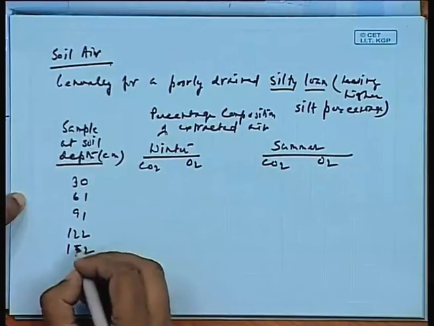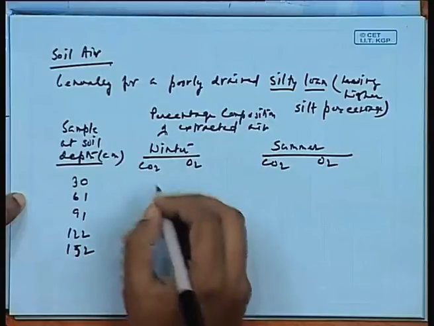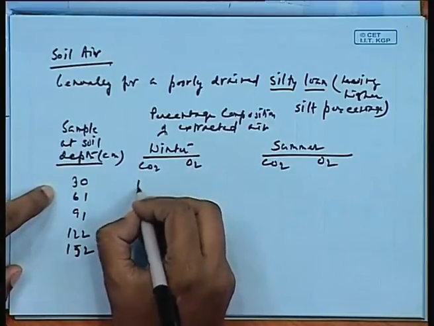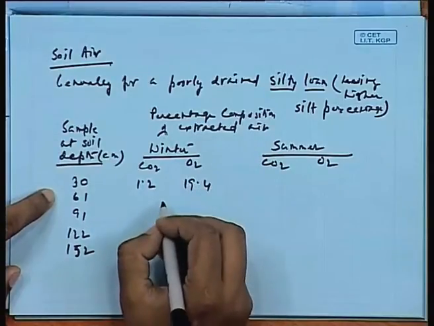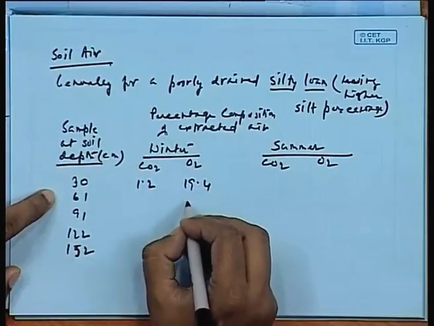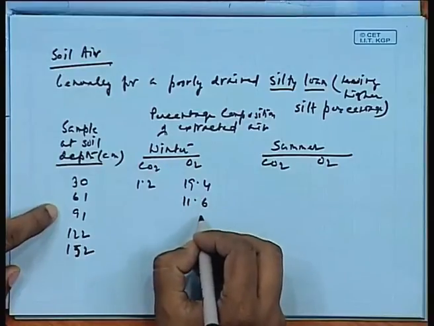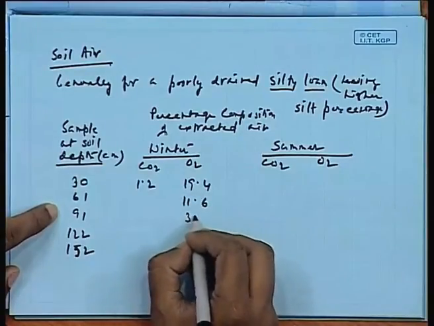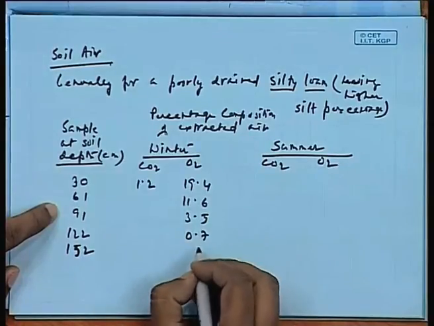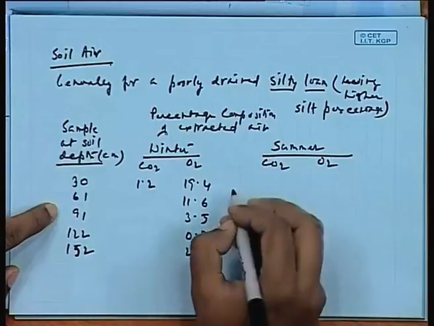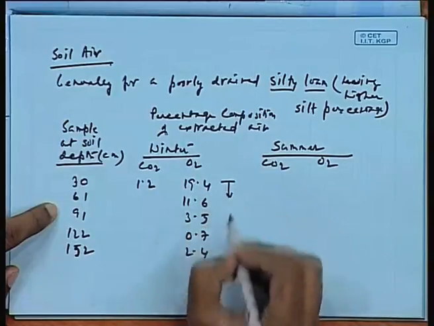This one is 152. See, this one is 1.2 or 19.4. You can see 11.6, 3.5, 0.7, 2.4. So you can see this one is going down.